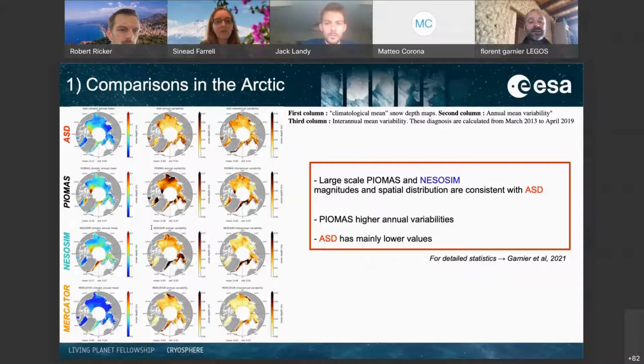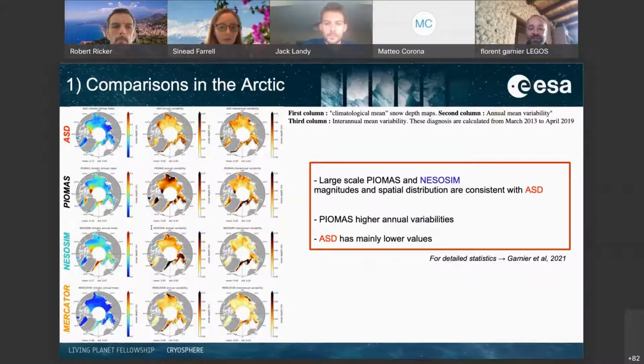And even if I won't have time to go in much detail here, there is a lot of much more information in the paper. Just note that in general, and also from the previous comparison, the ISD data are always a few centimeters lower than the others. Of course, except, as we can see here, for the Mercator model, in which we identified important snow depth underestimation.